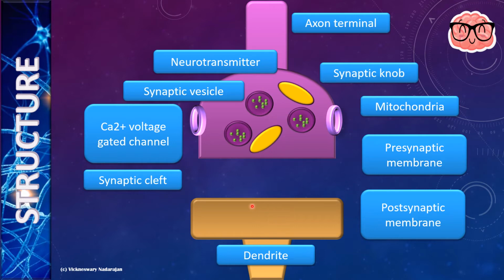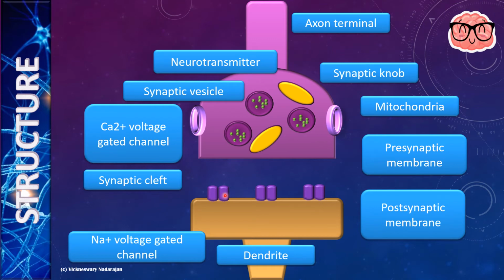Let's move on to the detailed structure of the postsynaptic membrane. In the postsynaptic membrane, there are also channel proteins. That is the sodium ion gated channels that we studied for axon. Okay, we can also call it sodium ion voltage gated channel.